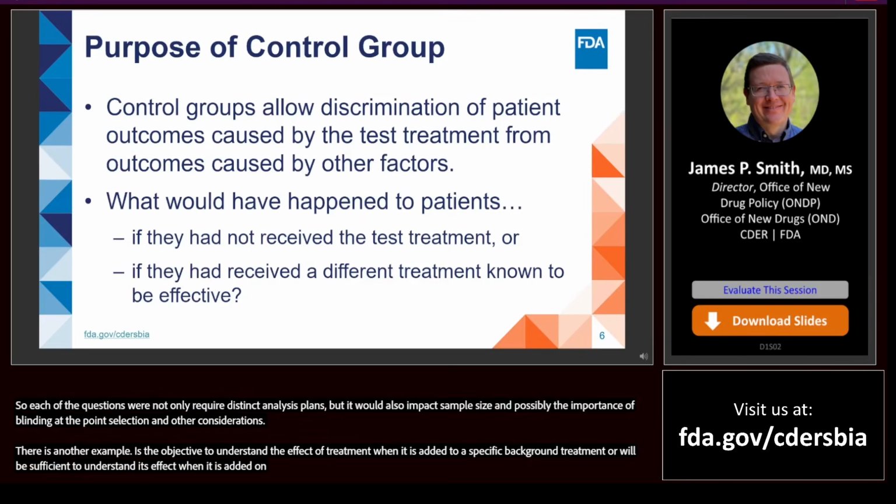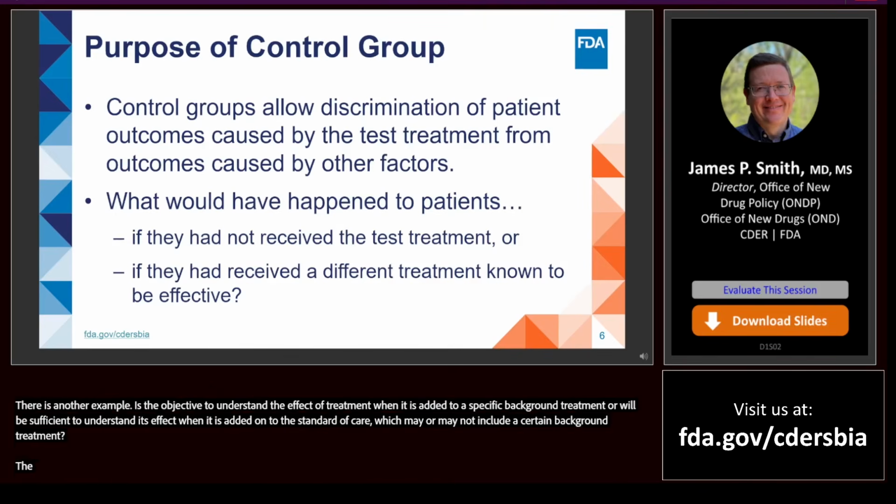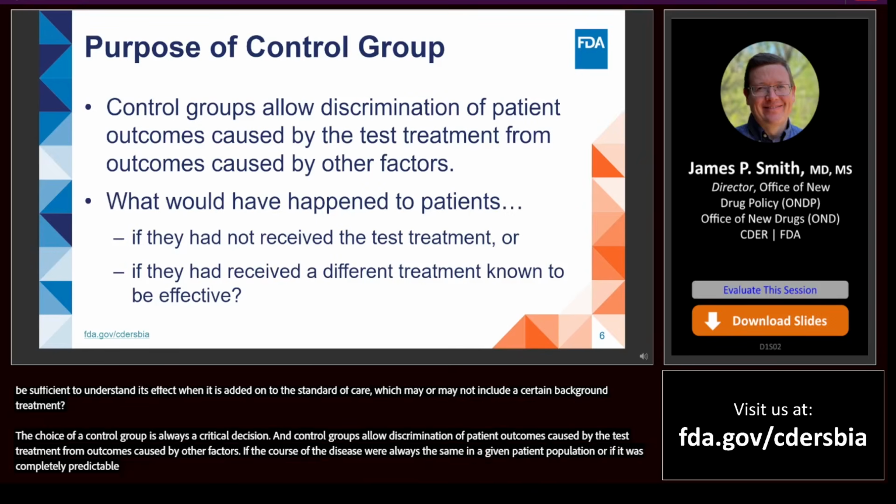So if the course of a disease were always the same in a given patient population, or if it was completely predictable from patient characteristics, then the observed outcomes that occur in a single treated group of patients, that is like a single arm trial, could simply be compared with the outcomes that you know would have occurred in the absence of that treatment. And that is possible in certain circumstances, but typically a concurrent control group is needed because it's not possible to predict outcomes with adequate accuracy or certainty.